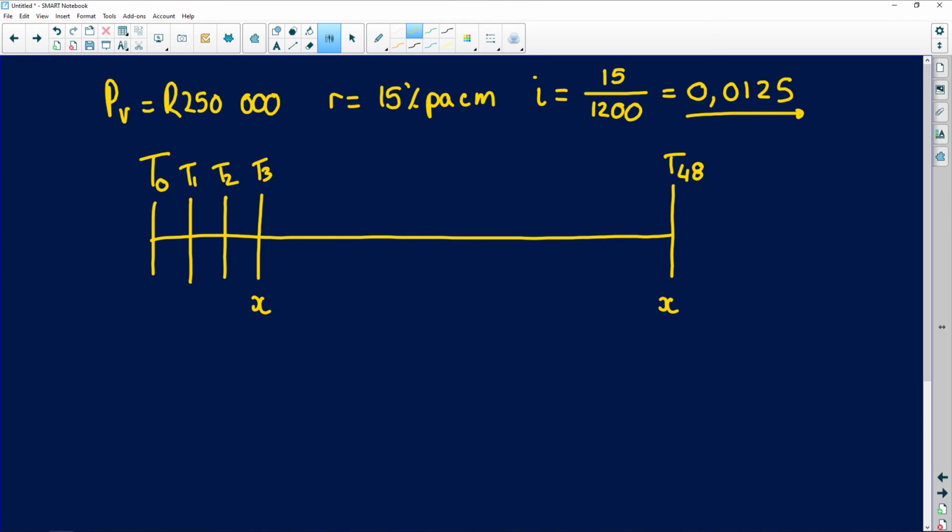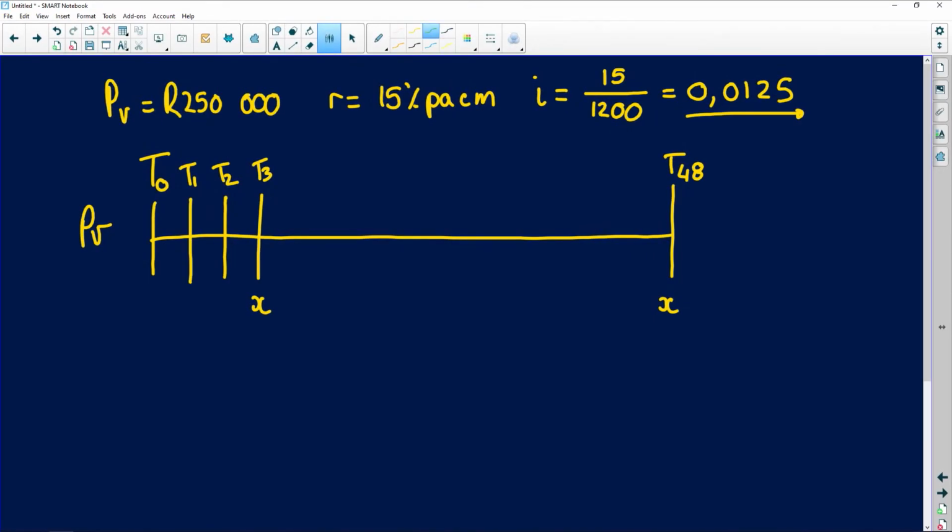And the present value was over here. So there's a period of 2 months that Tabiso could not pay. We call that a deferred annuity. This is where the deferment took place, in the first 2 months.